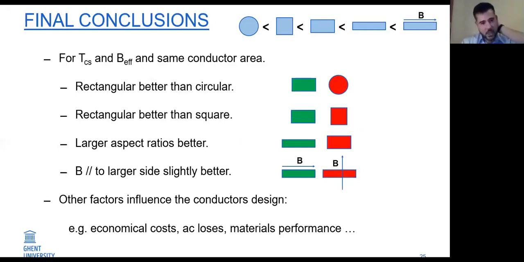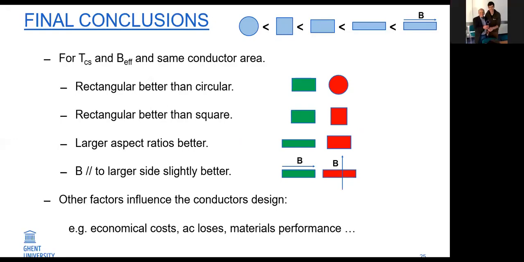But for these two aspects, it's worth making it rectangular. At least we know that it's not worse. Of course, to take a final decision, you have to consider everything. But already DEMO and I think new designs are all on rectangular shapes.